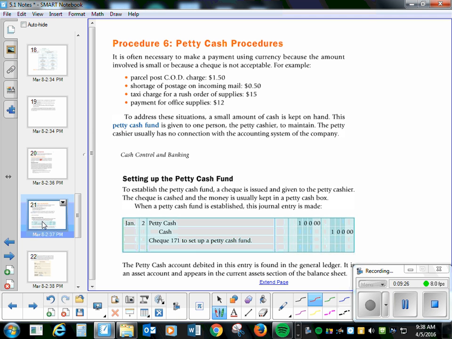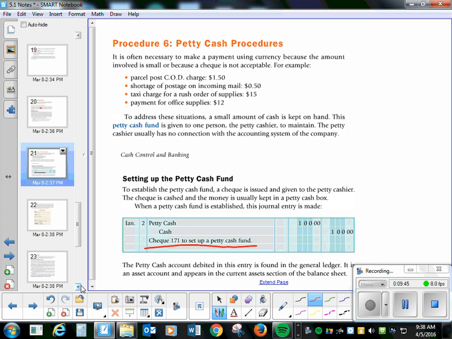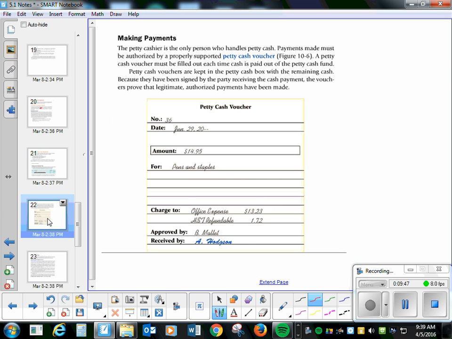So to establish the petty cash fund, a check is issued and given to the petty cashier. The check is cashed and the money is usually kept in a petty cash box. When a petty cash fund is established, the journal entry would look like this. So they're setting it up. They're taking out $100 cash and keeping it to pay for the little things that come up. Now, if the petty cashier is the only person who handles petty cash, payments made must be authorized by a properly supported petty cash voucher.